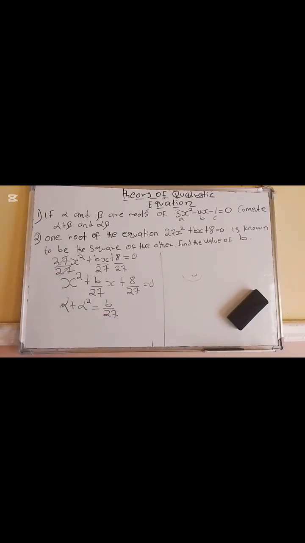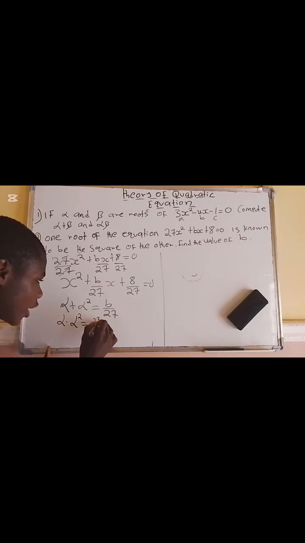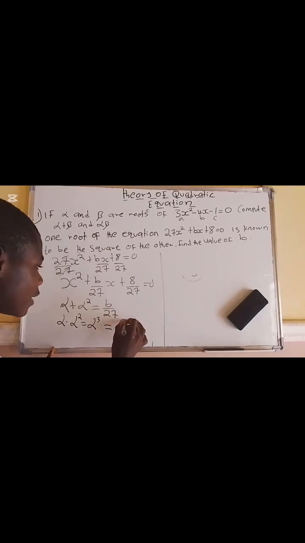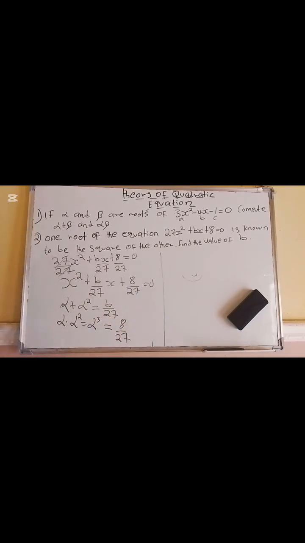And then if I multiply alpha by alpha squared, it will be equals to alpha cubed. Therefore, it will be equals to 8 over 27. I hope you get it.